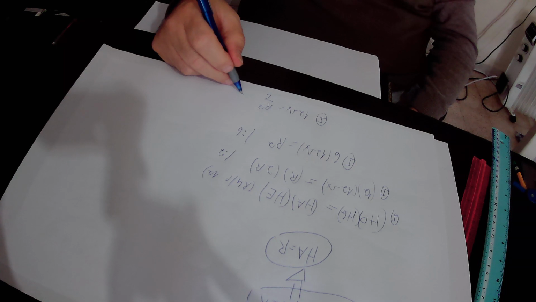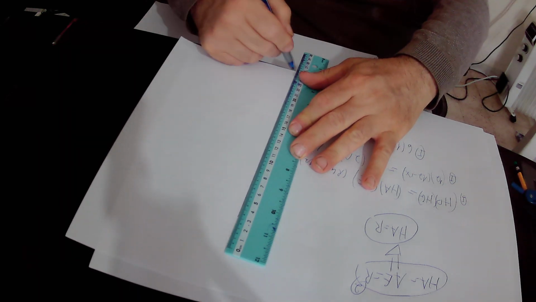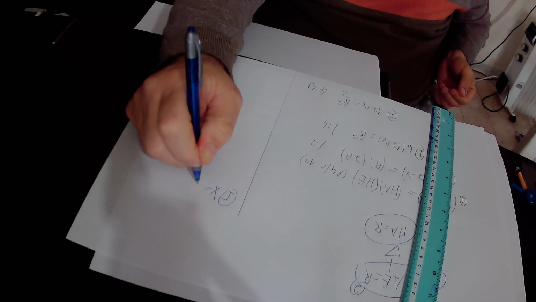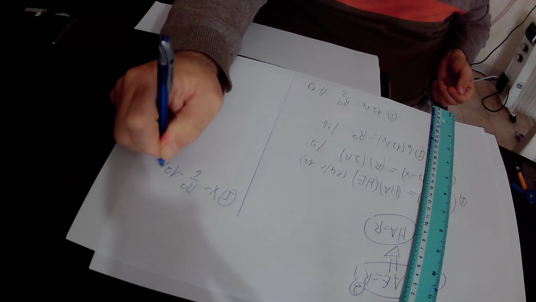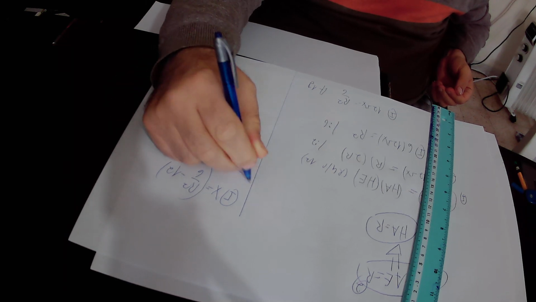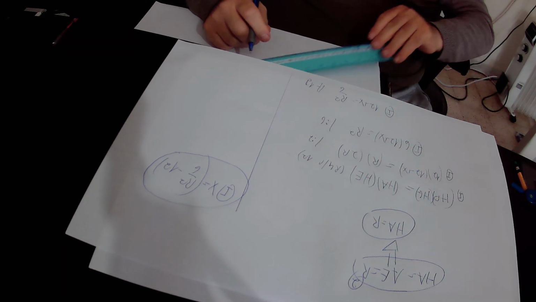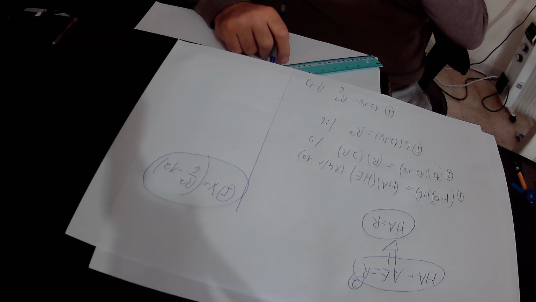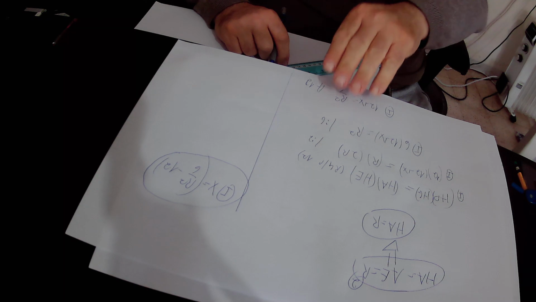Here we subtract 12 from this equation 1, and we get that x equals R squared over 6 minus 12. So according to equation 1, x, the variable that we are looking for, equals R squared over 6 minus 12.